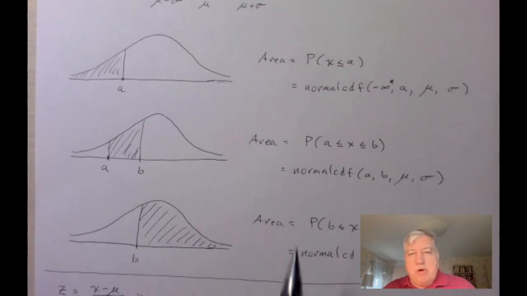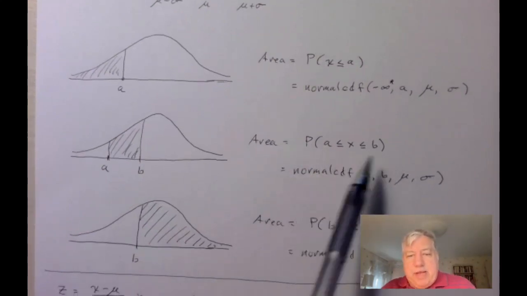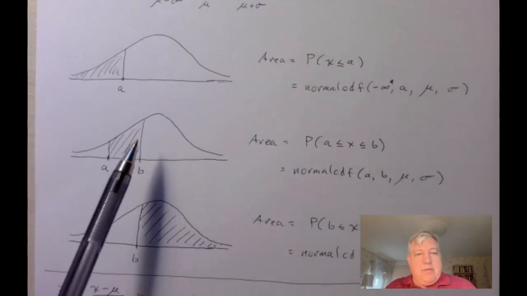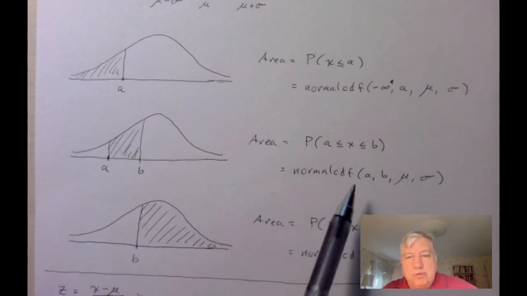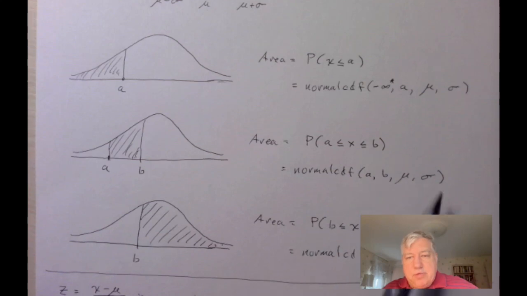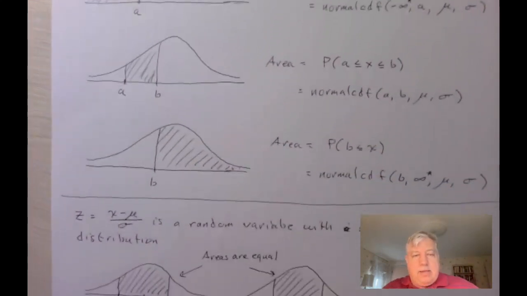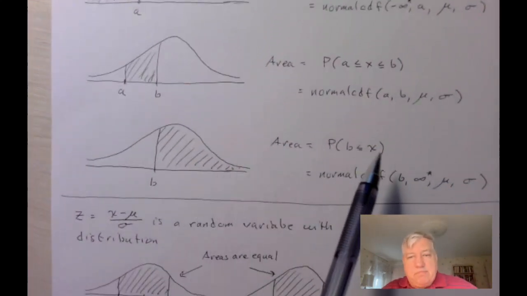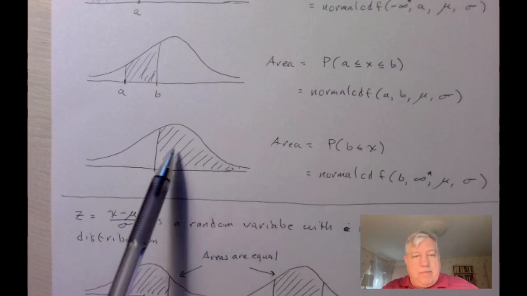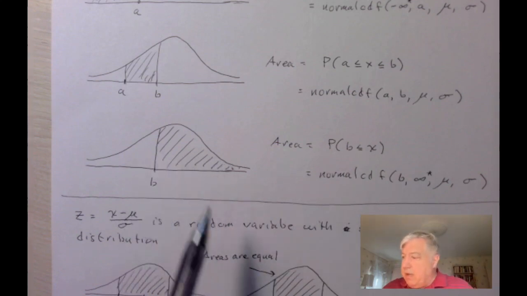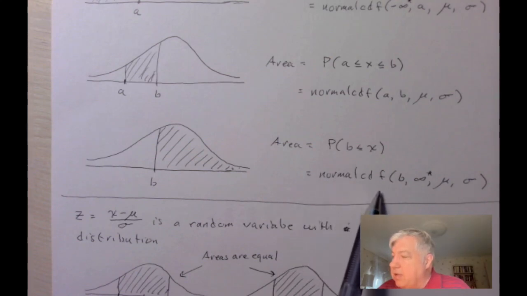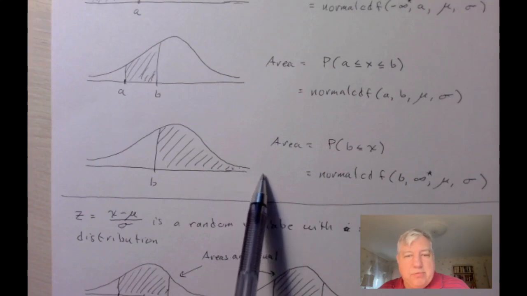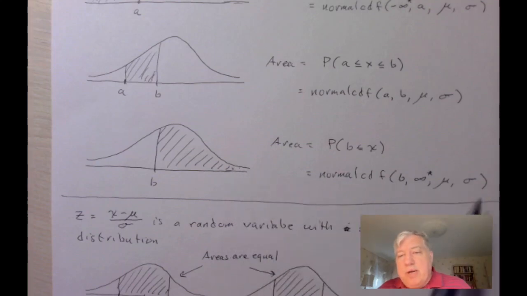And if we want to find the probability that x is between a and b, then that's the same as this area, and we use normal CDF a, b, mu, sigma. And if we wanted to find the probability that x is bigger than b, we'd want to find this region, and we would use normal CDF of b, infinity, because the right endpoint really is infinity, mu and sigma.